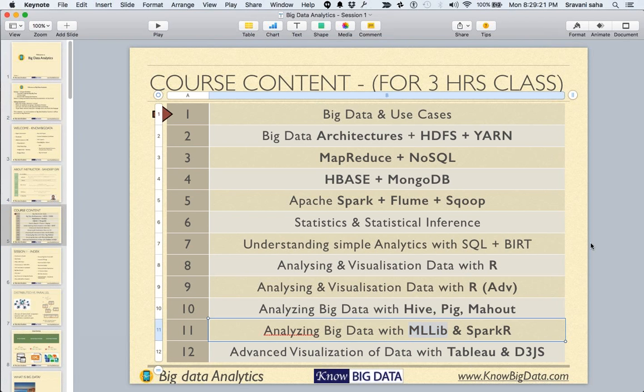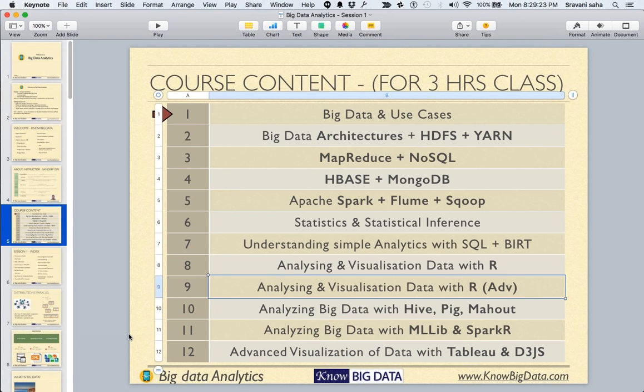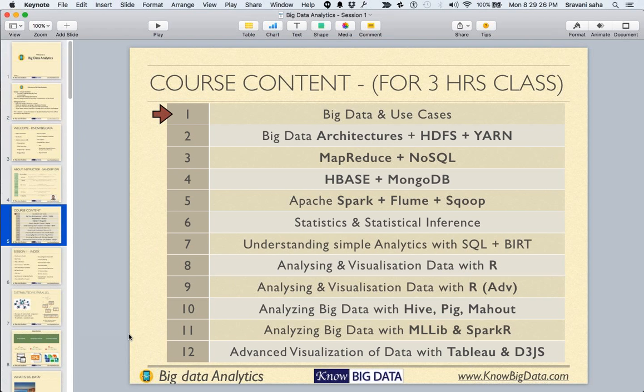So we have been fairly choosy about technologies, and we will also try to improvise on the size of the content based on their importance. The overall purpose of this course is for people who aspire to get into analytics, people from a management background who have not studied analytics.